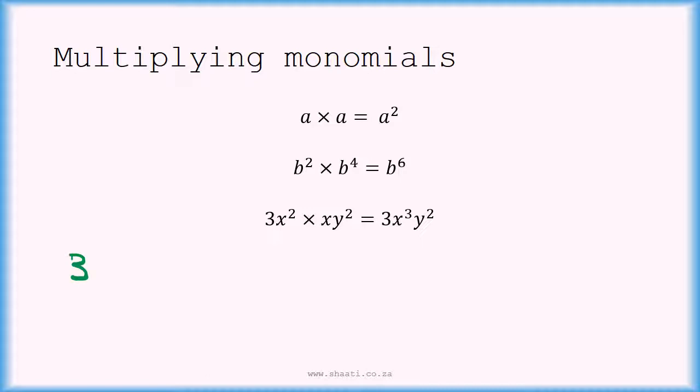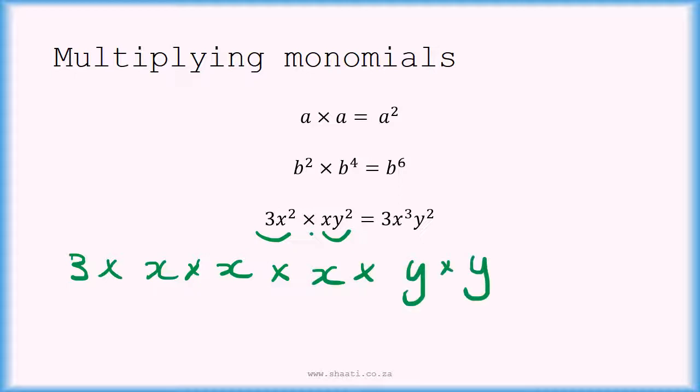Let's say that's 3 times x times x, this first part, multiplied by x times y times y. Okay, there are no other numbers, no other constants that we can multiply, so 3 is the first part of our answer.